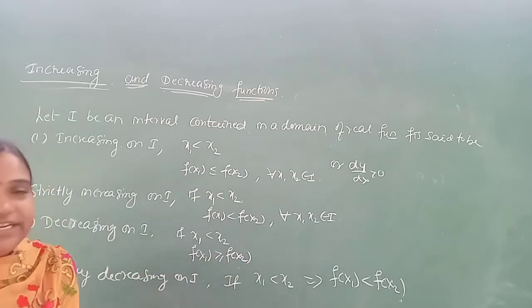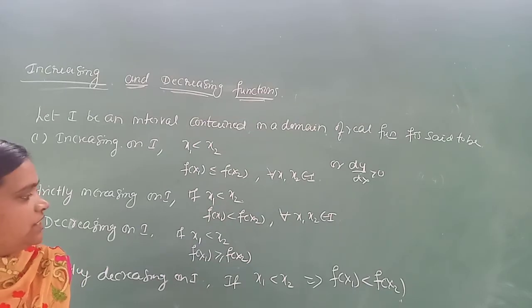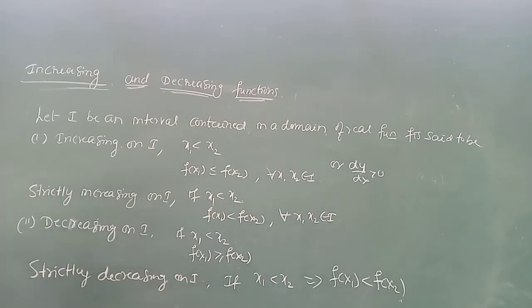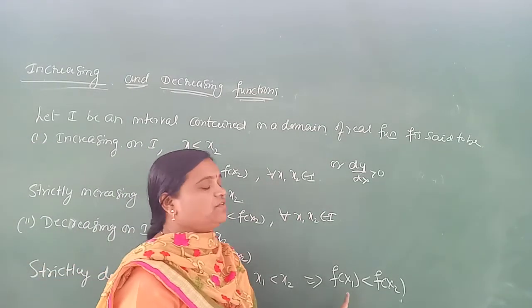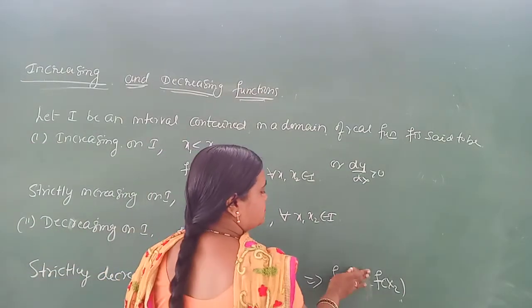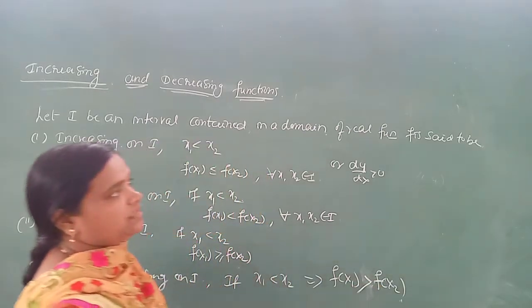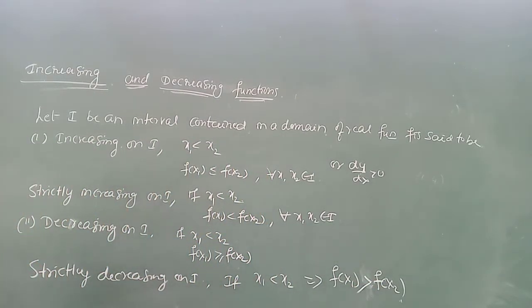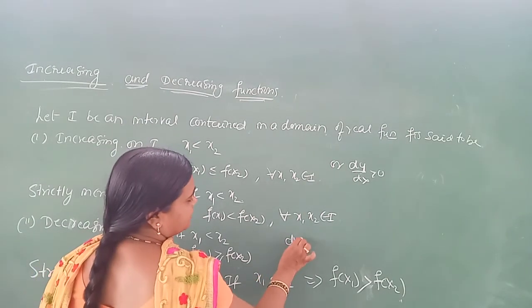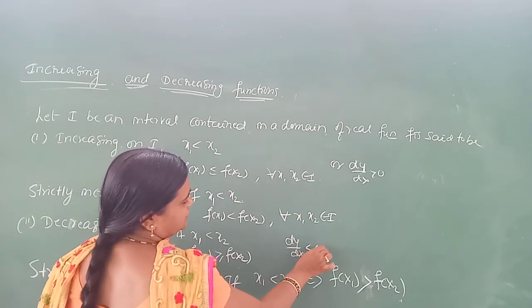This reverse form is the decreasing function. Next, strictly decreasing. x1 less than x2 implies f of x1 more than f of x2. Okay, strictly decreasing. Or else we can remember that dy by dx is less than 0.